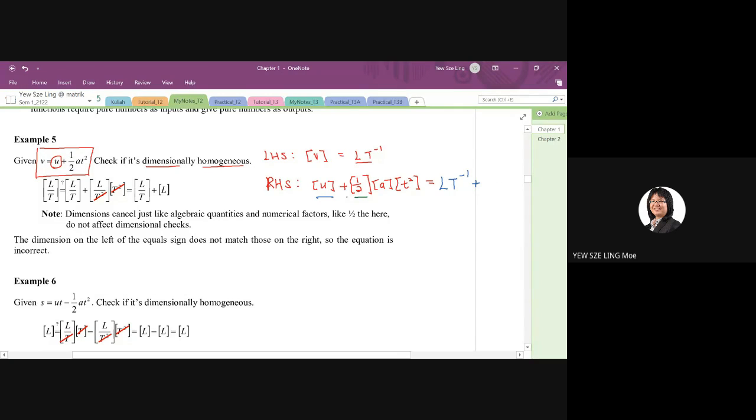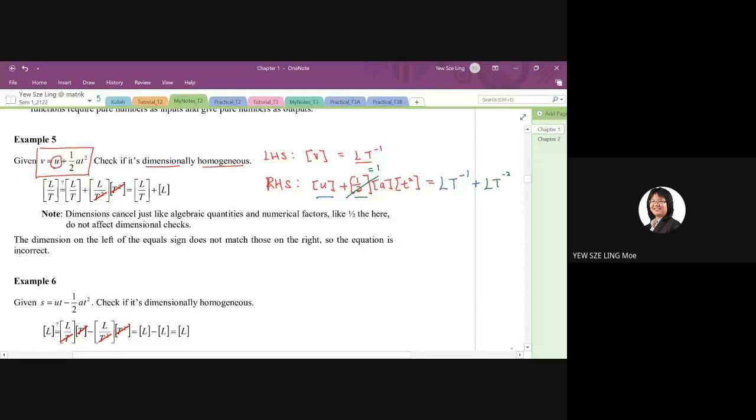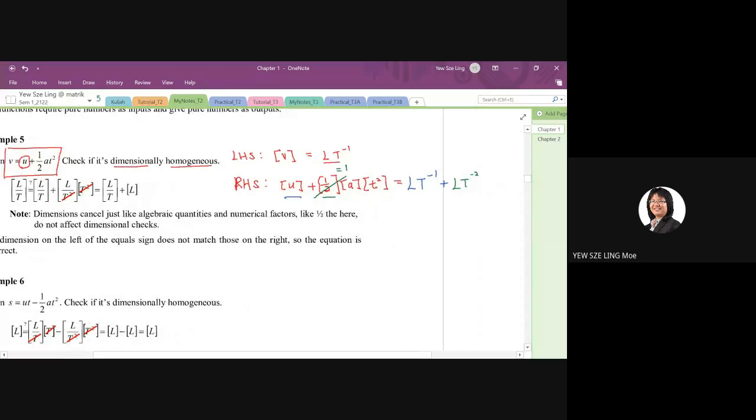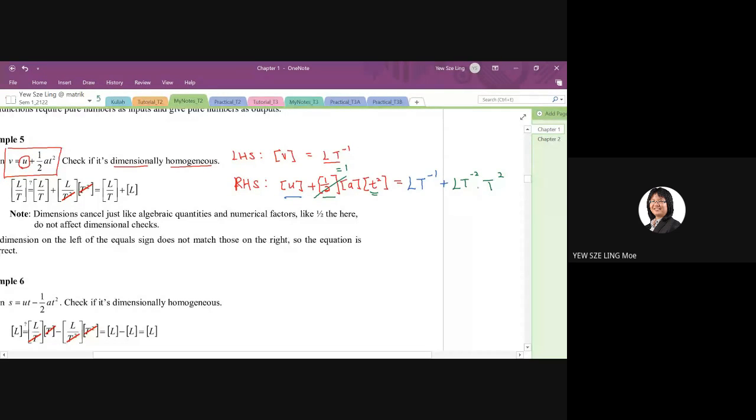Straight away you can ignore it because it is equal to 1. And then A, we have LT^-2. And then this T is a T squared, so times T^2. So we have LT^-1 plus LT^-2 times T^2.